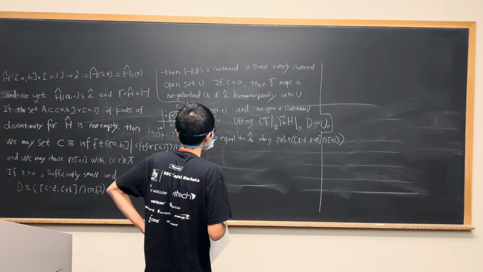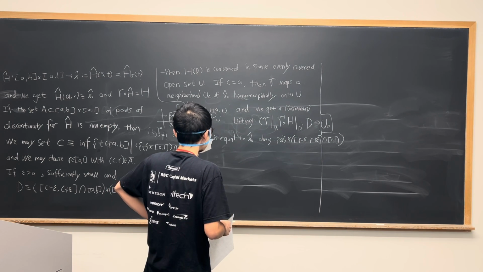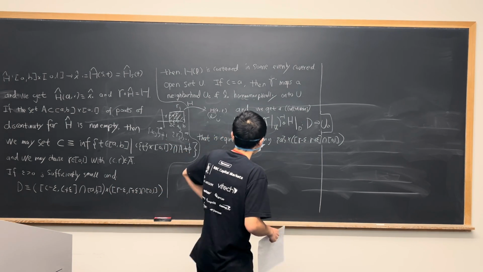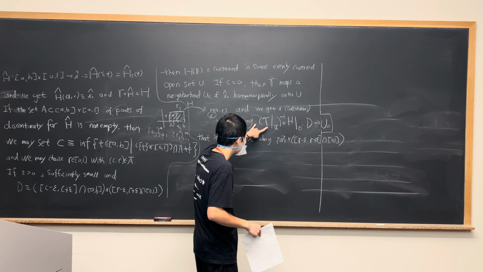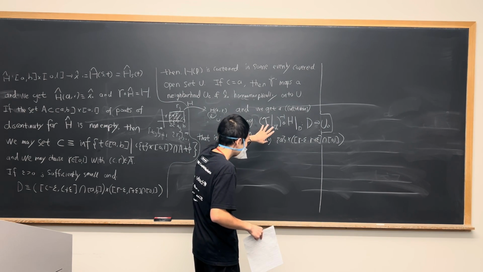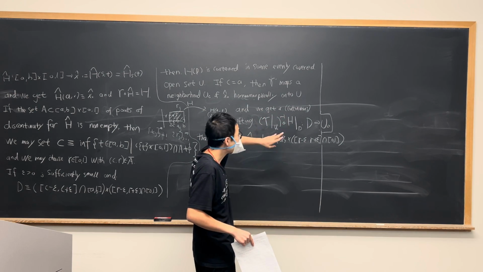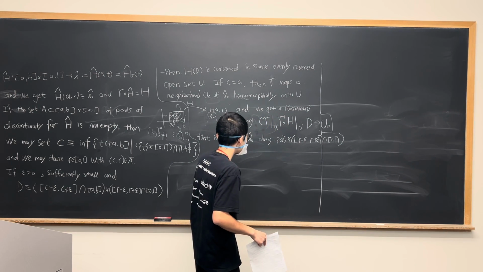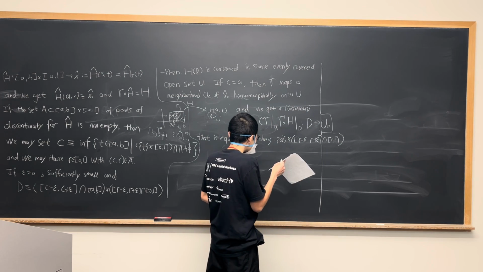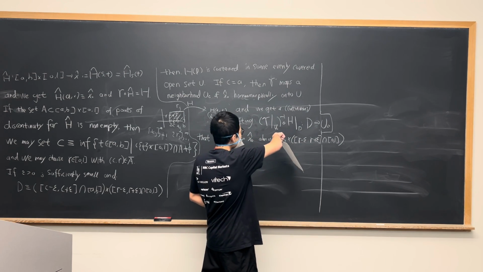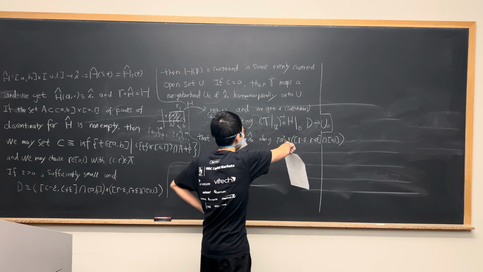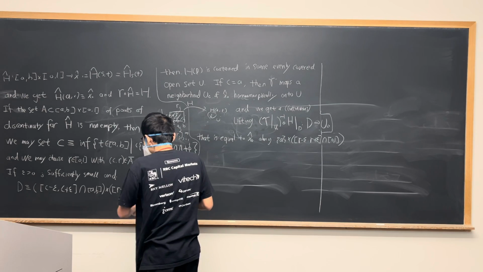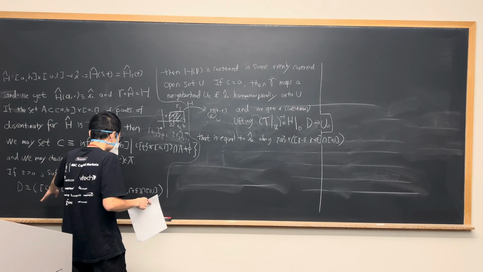So let's see why it's true. We get a continuous lifting. This is the gamma restricted on U naught. Remember that this gamma restricted on U naught is a homeomorphism, so we take the inverse, composed with this H restricted on D. Remember this D is the cover we just defined.